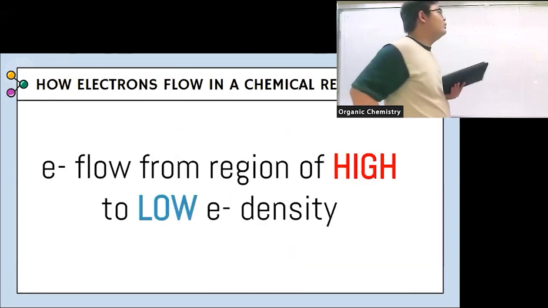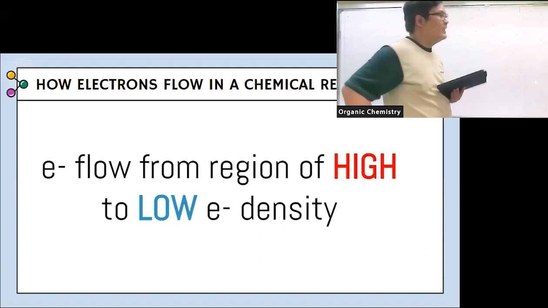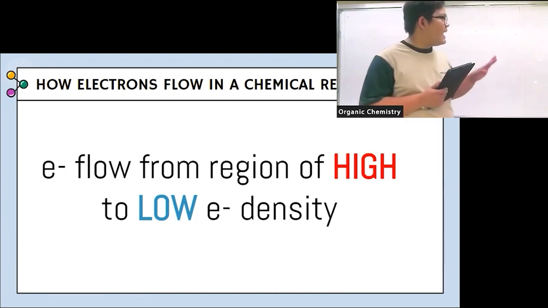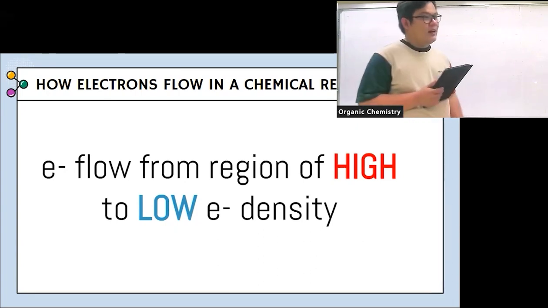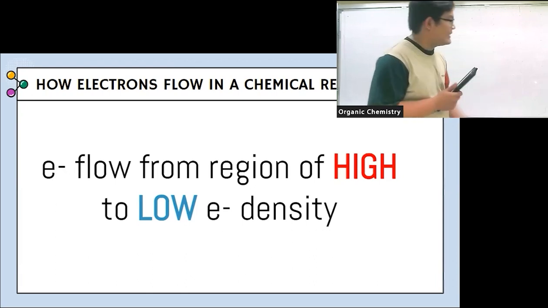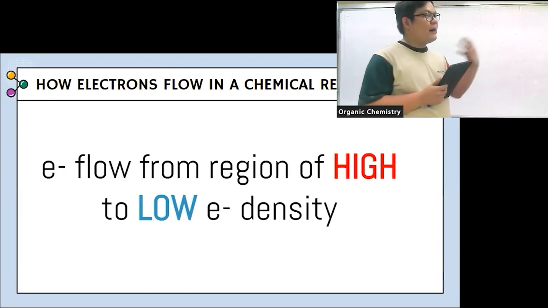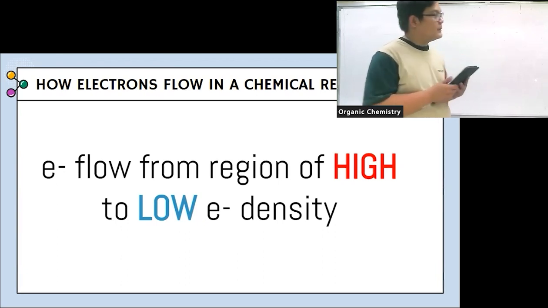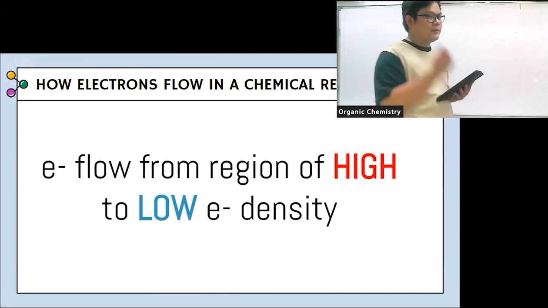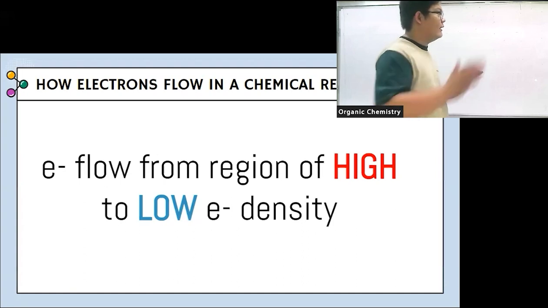So again, how do we simply explain everything? Electron flows from region of high to low electron density. Kung familiar kayo sa concept ng chemical gradient, yung mga nakikita natin sa mga biological systems natin, lahat ng mga bagay ay nagpo-flow from high to low. Ibig sabihin, kung mataas masyado yung concentration ng isang bagay, pupunta siya sa region kung saan mas baba yung concentration para magkaroon ng equilibrium.